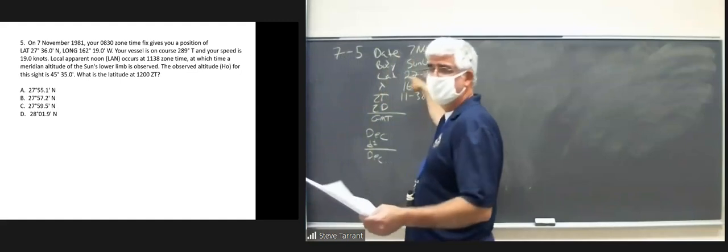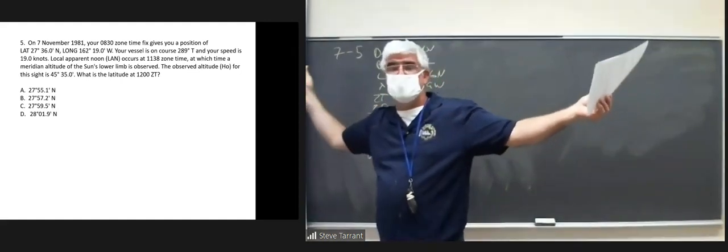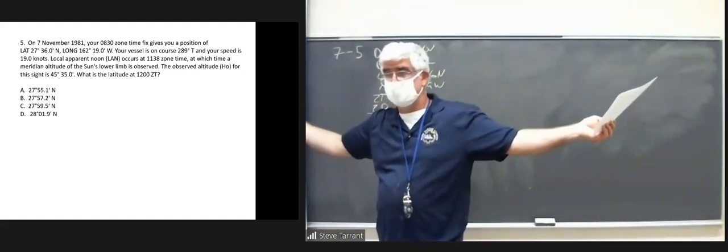Okay? So our approximate longitude is 162.19 west. At 11:38, we make an observation of the sun. At 11:38, our DR is here. We're probably within 5, 10, 15, 20, no more than 30 miles away from it, depending on when our last fix was.